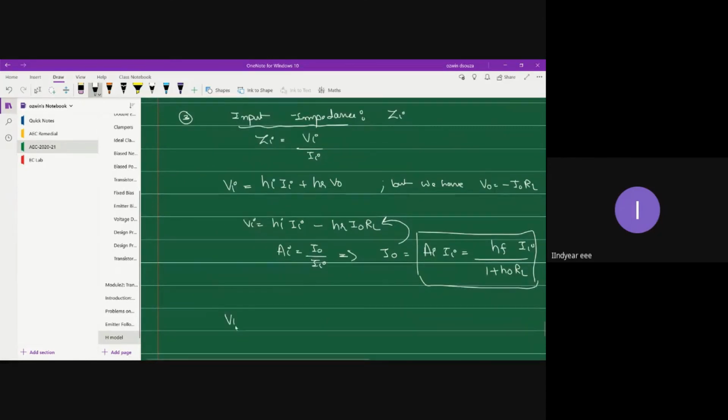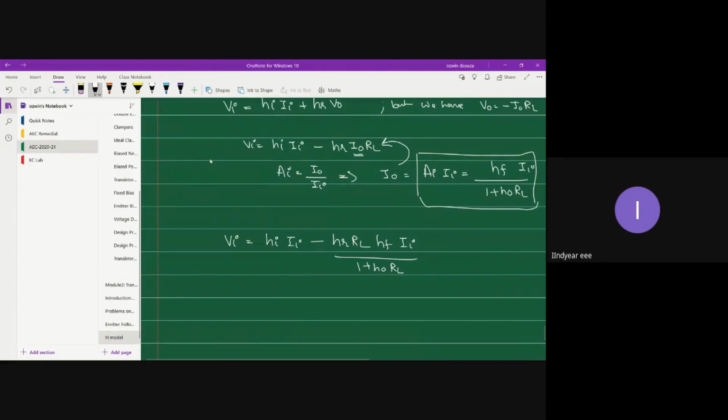So we get Vi is equal to Hi Ii minus Hr RL, and in place of I naught, let's place this expression, Hf into Ii divided by 1 plus Ho into RL. I hope you understood the trick now.